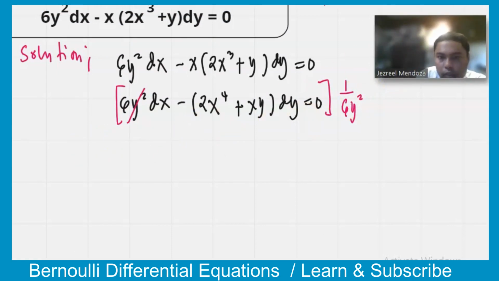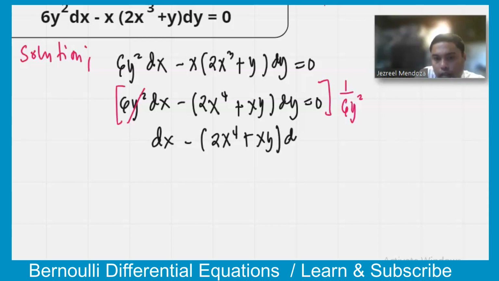To continue, we have dx minus 2x fourth plus xy dy, all over 6y squared, equals 0.